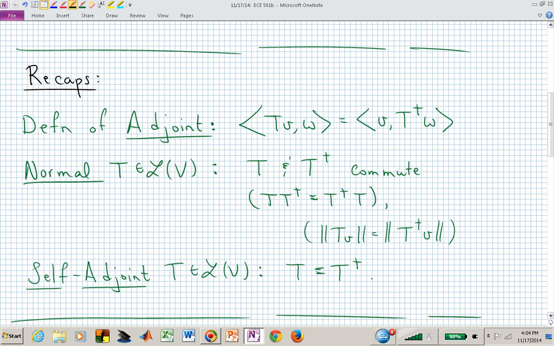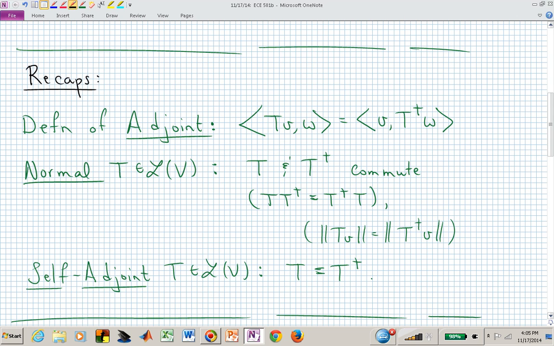If you have a normal linear operator, that means that T and T dagger commute. Or it's norm preserving. TV's norm is the same as T dagger V's norm.